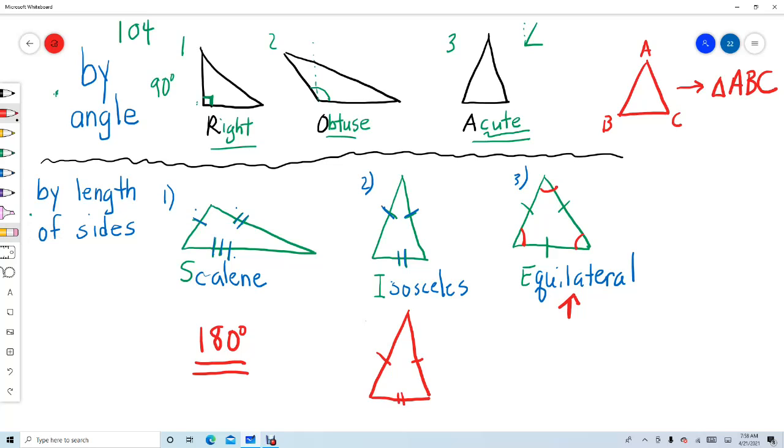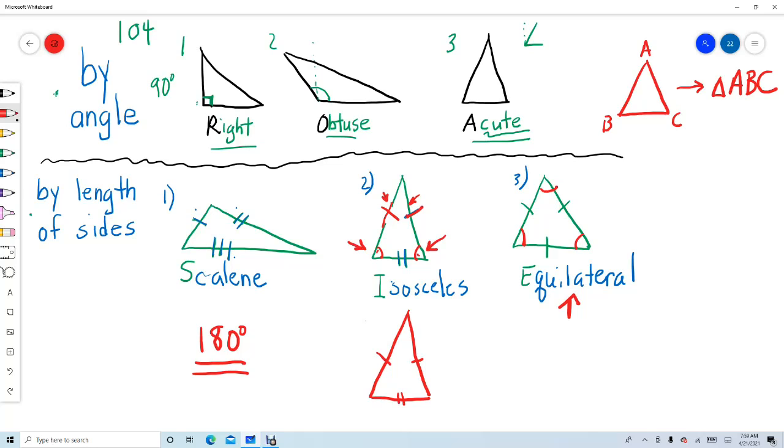When you have a triangle whose sides are the same, such as here, okay, when two sides of a triangle are the same, their opposite angles are also the same. So if this side and this side are equal, then their opposite angles are going to be the same. So we know that the measure of this angle and the measure of this angle are equal to each other.